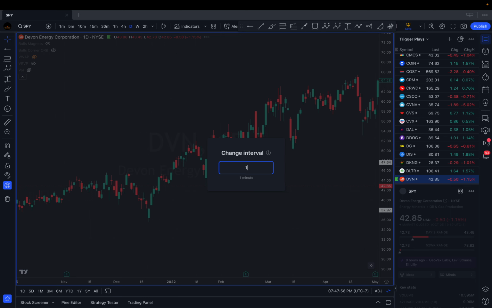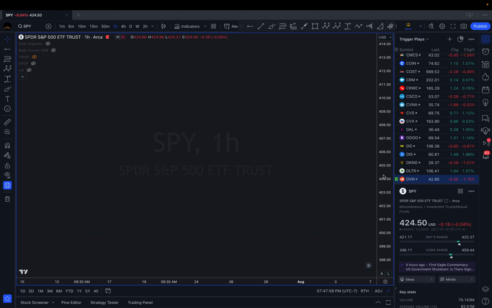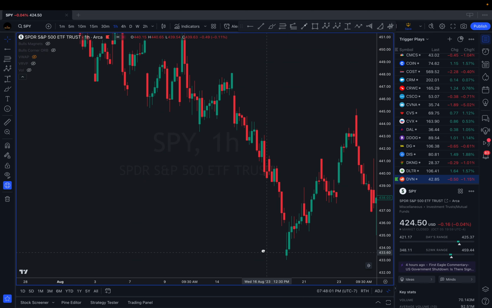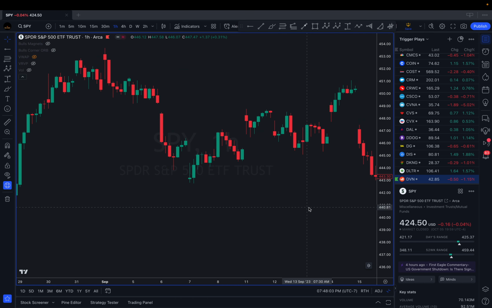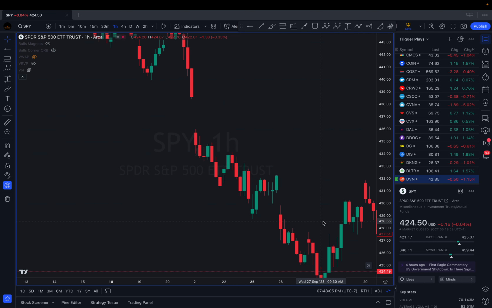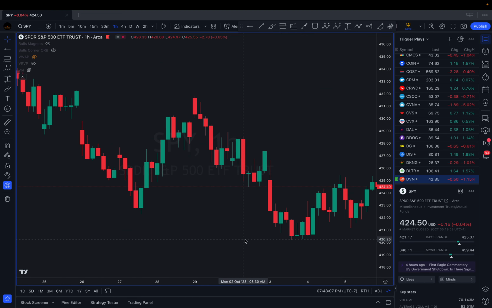Let's look at SPY hourly. We're gonna probably find a couple. I think I recently traded one of that downtrend too on SPY.